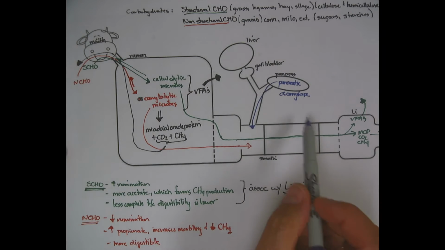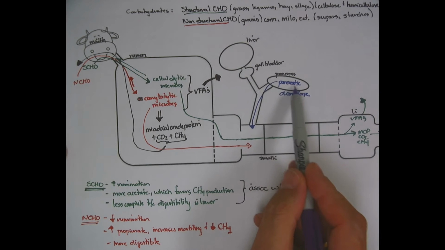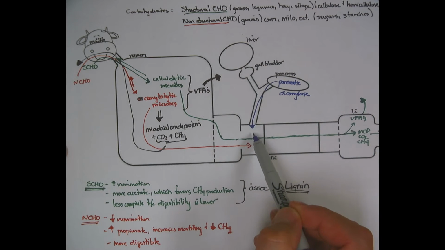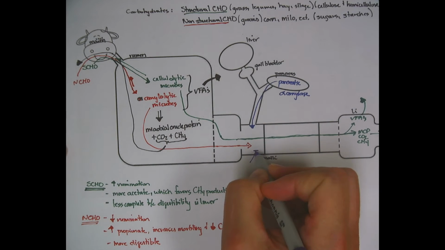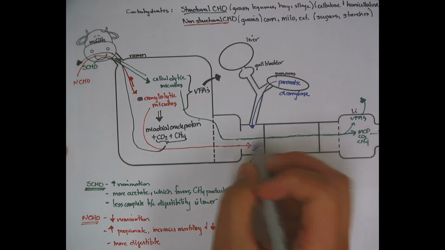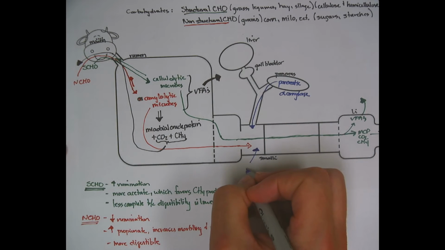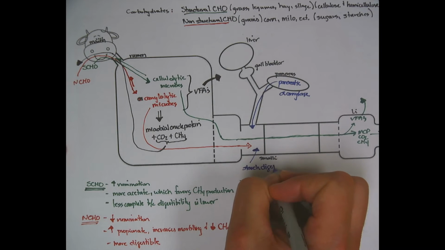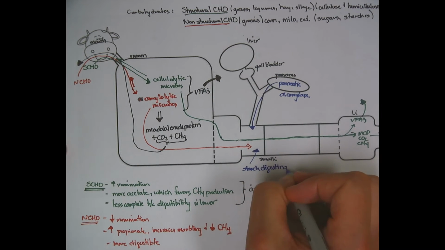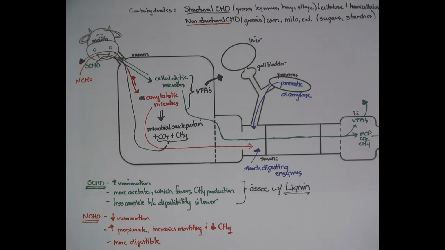So the pancreas produces pancreatic alpha amylase, and that's released in the small intestine. The small intestine itself also produces some enzymes. We'll just call these starch digesting enzymes. We're not real interested in who they actually are and what they actually do.